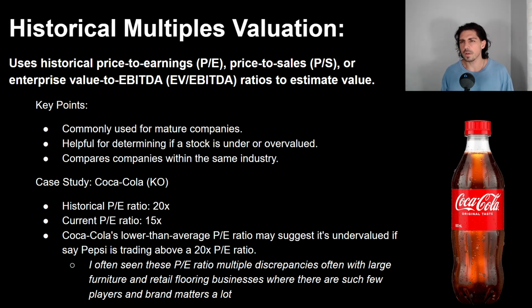And on a side note here, I often see these PE ratio multiple discrepancies to be really intense with large furniture and retail flooring businesses, because there are such few players in that space and brands matter a lot, especially with the flooring businesses. Like, there's only like two major players, Floor & Decor and LL Flooring. It's very interesting.